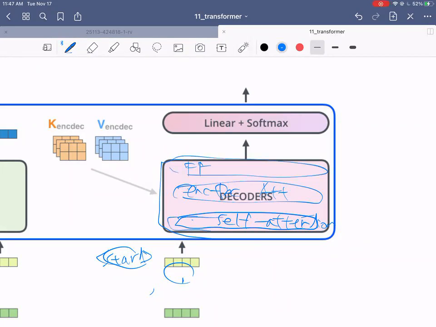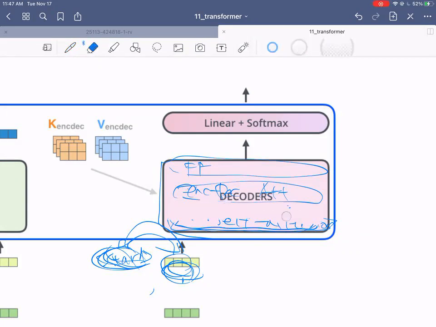I hope this part is clear. What happens in this component, multi-headed self attention, is you mix start and "I", and that's it. All the Q's, K's and V's will be generated based on start and "I" in this block. They are giving attention to each other, and then the same number of tokens as start and "I" will be generated here as Z. Let me draw it a bit more clearly.